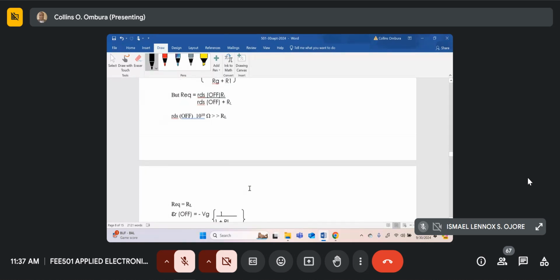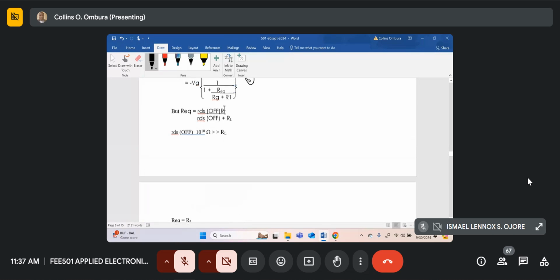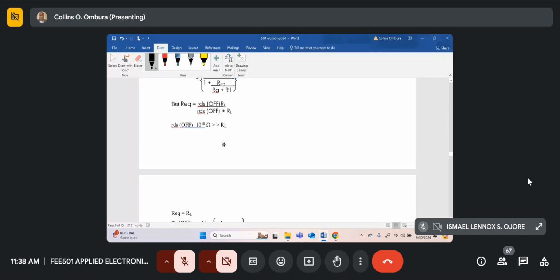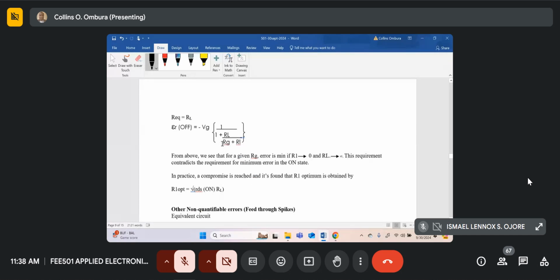Let's look at this equation. This was the equation over here. So for R equivalent, we just put equation 5 here. R equivalent is just RL divided by RG plus R1. So this is how we get RG plus R1. Have I typed 1 here, or is this an L? It should be R1.